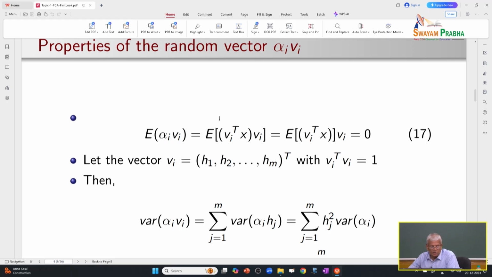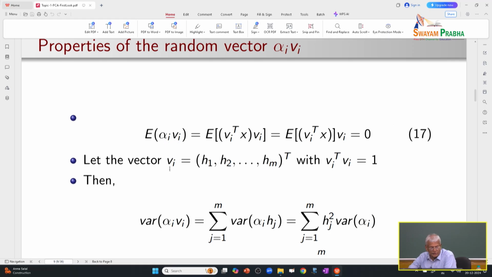So the expected value of alpha i Vi: alpha i is Vi transpose X times Vi. If I simplify this, Vi transpose X, we have already seen that, is alpha i. Expected value of alpha i is 0. So this vector has a mean 0.